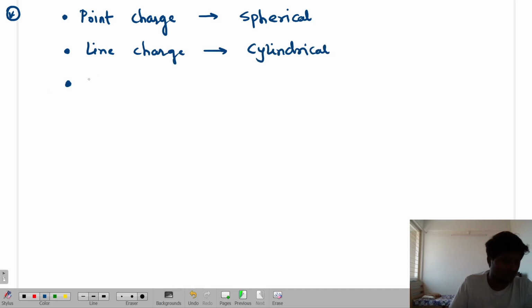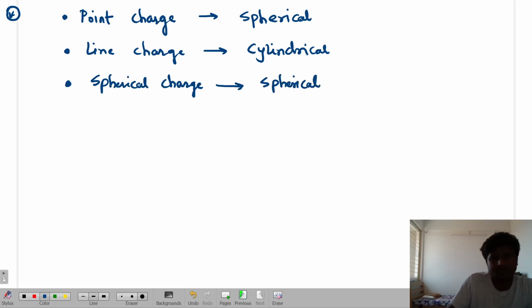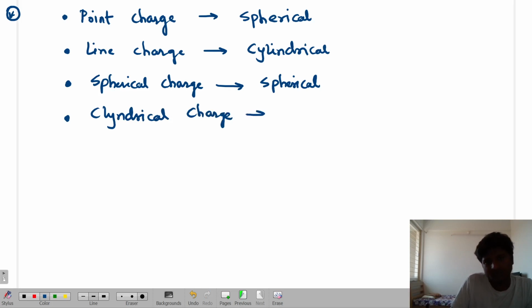Similarly, if I have a spherical charge system, then I have a spherical equipotential surface only. If I have a cylindrical charge system, then for that also cylindrical is my equipotential surface.